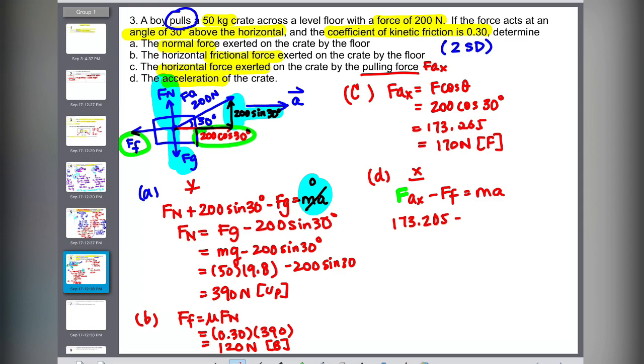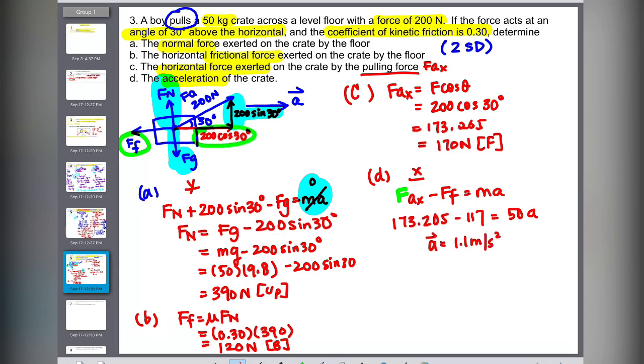So I have 173.205, whatever that was on my calculator, minus, I know I wrote 120. Can you not use 120? Can you use 117 that we calculated before? I just don't like to round until we get to the very end. Minus 117, and then divided by 50.